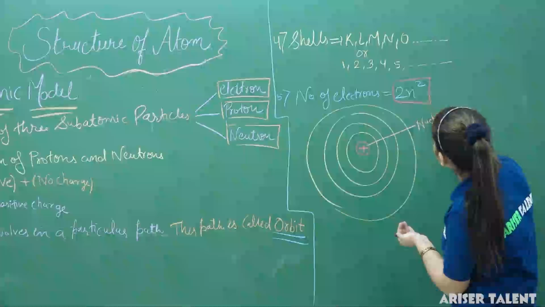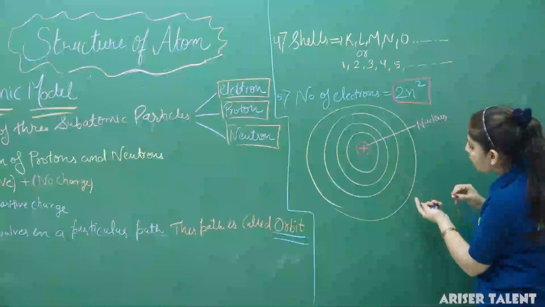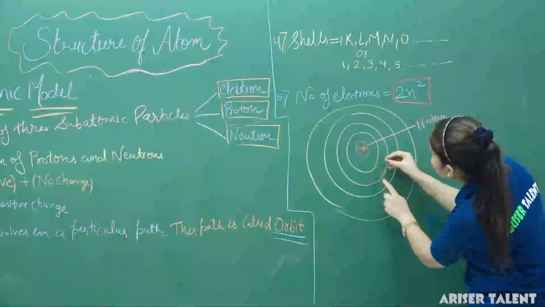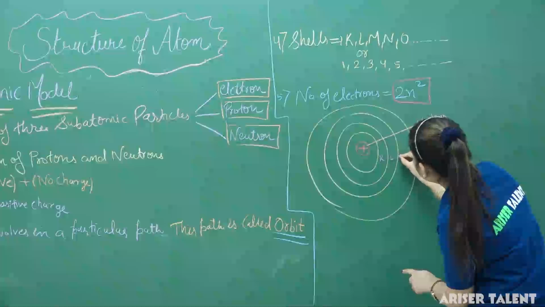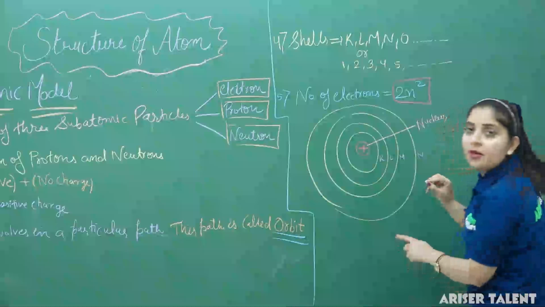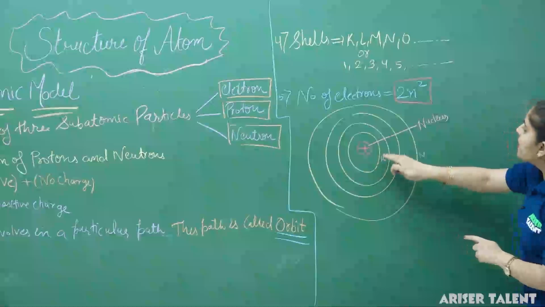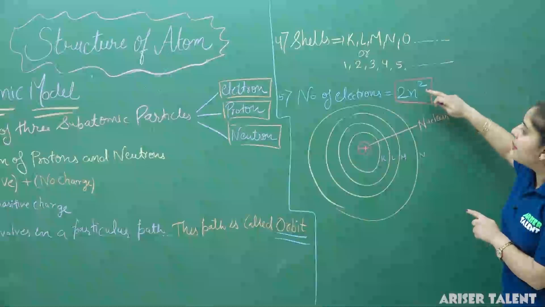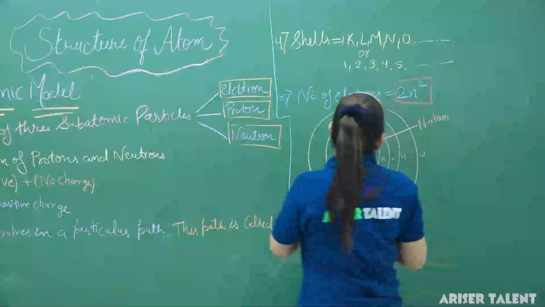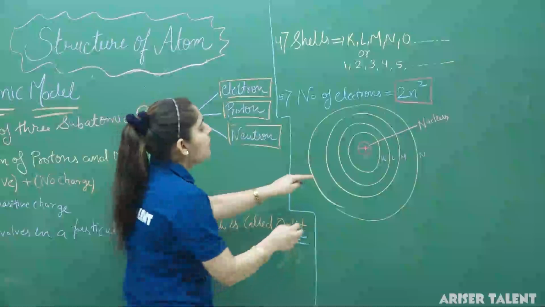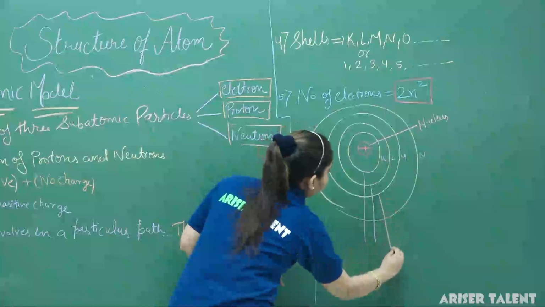This is the nucleus, and we have electrons in particular shells. The first shell is K, the second one is L, the third is M and the fourth is N. We can also identify these as 1, 2, 3, 4. So the maximum capacity of electrons can be calculated by the formula 2n square.